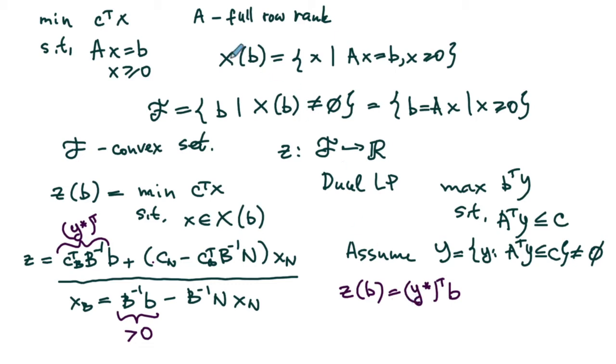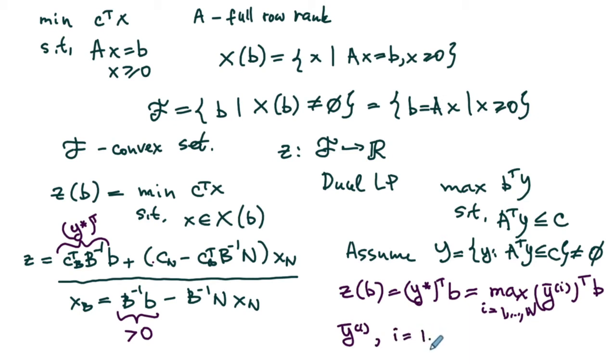Also, because the matrix A is of full row rank, and also the dual problem is assumed to be feasible, this implies that the dual feasible region has at least one extreme point, meaning that the optimal objective for the dual can be expressed as the maximum of y bar i transposed multiplied by b for i between 1 and n, where these y bar i are assumed to be the extreme points of Y capital.